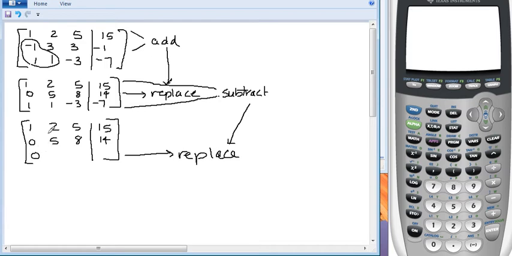See how that works? 2 minus 1 is 1. 5 minus a negative 3 is like 5 plus 3, so we've got 8. Be careful on those. And then 15 minus a negative 7 is like 15 plus 7, so we've got a 22 here. So far so good.